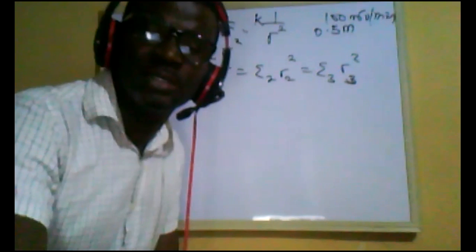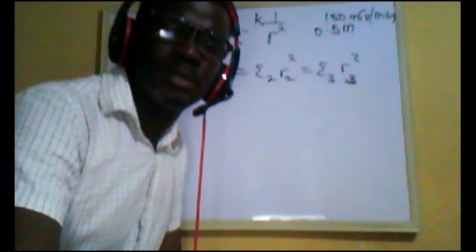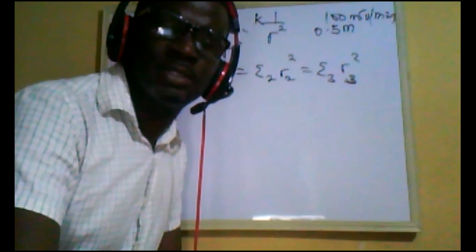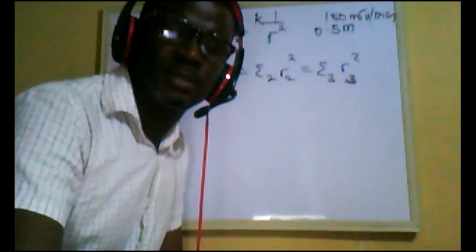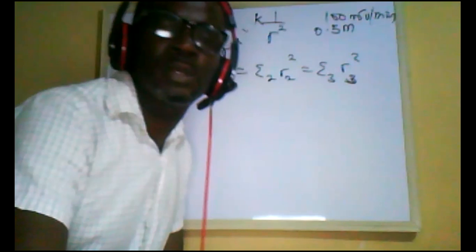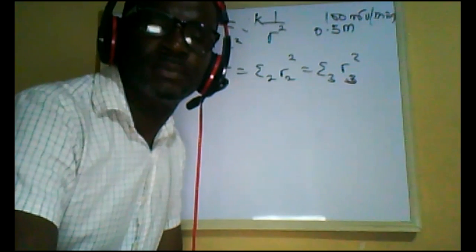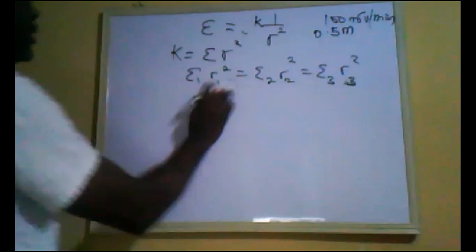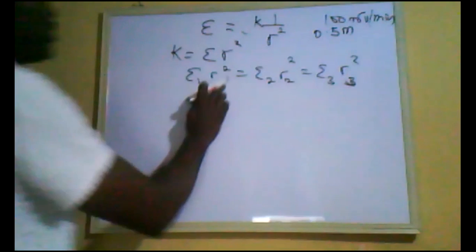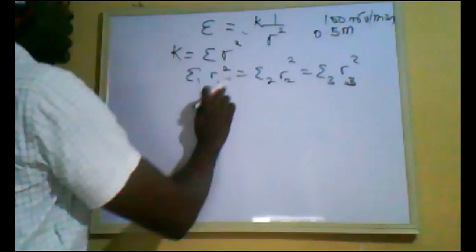Okay, scattered radiation. Assuming the first distance for scattered radiation is 1 meter, and this one is 0.5 meter.